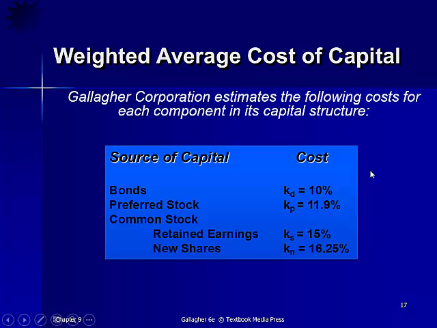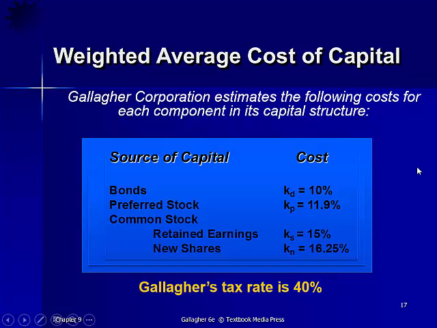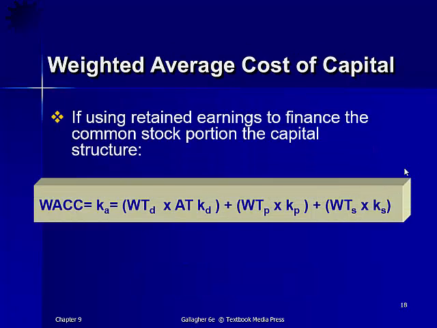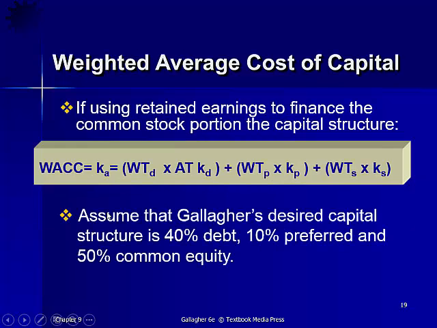So here you have a picture of the different sources of capital and their cost. And we're now ready to compute the weighted average cost of capital, K subscript A standing for average.